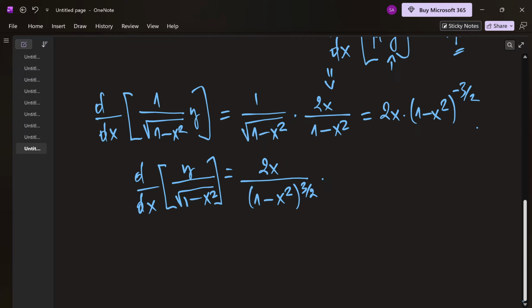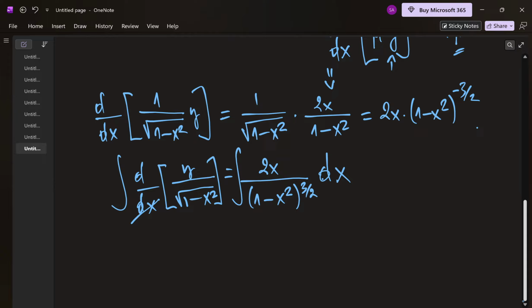So when integrating, you take the integral of this part and you take the integral of this part. Remember here, we take this dx to the other side.